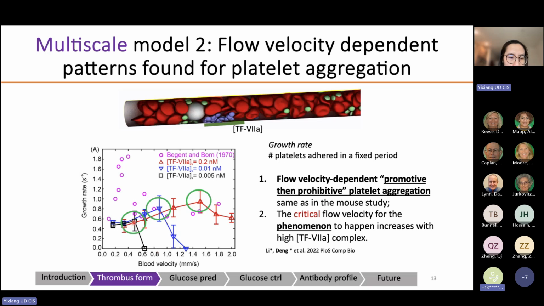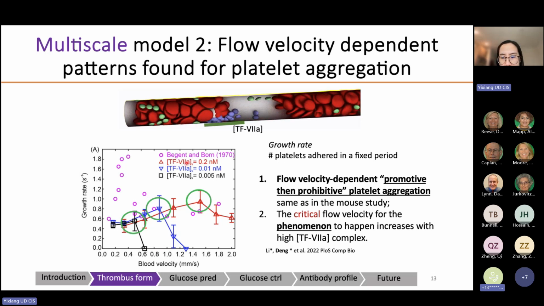Meaning that the projection of the elbow point onto the blood velocity axis will increase when we have a higher complex threshold in the initial concentration.